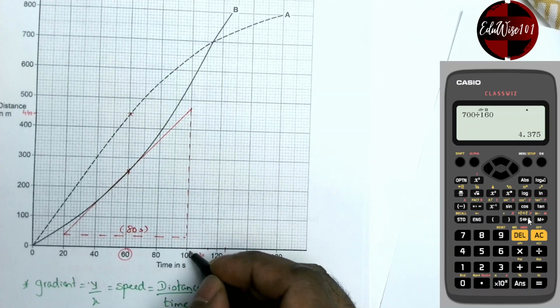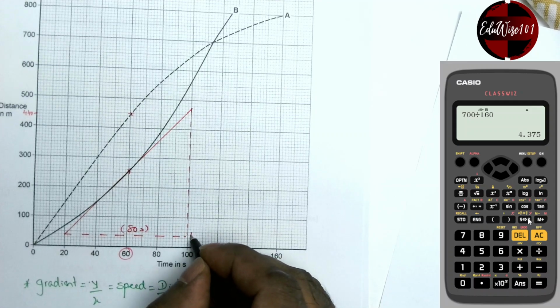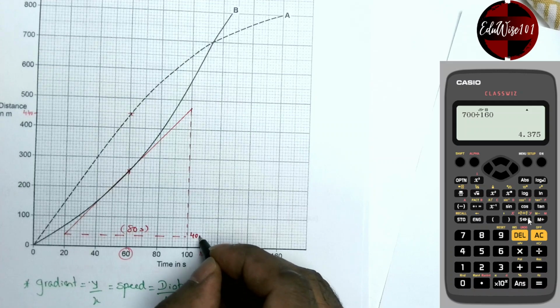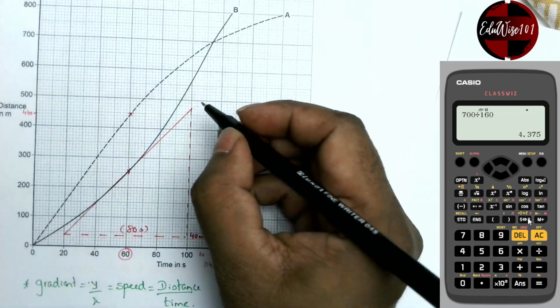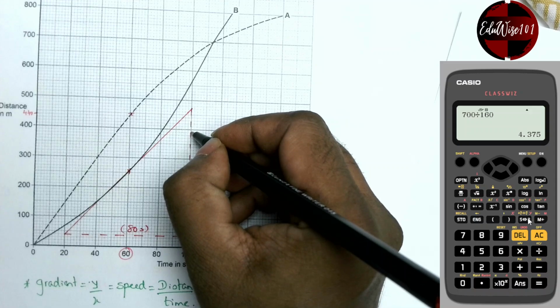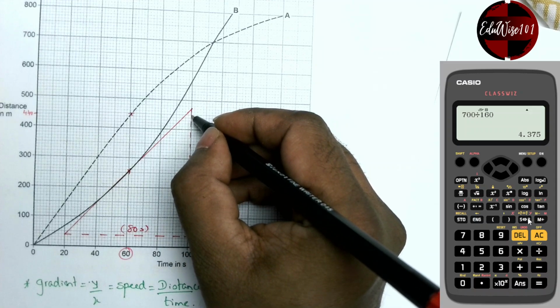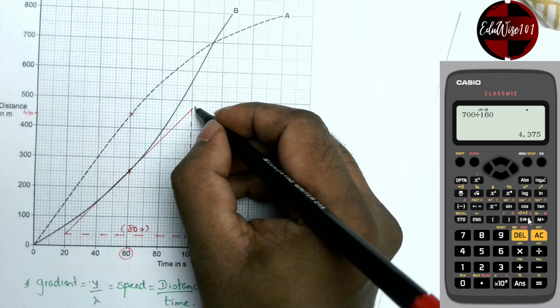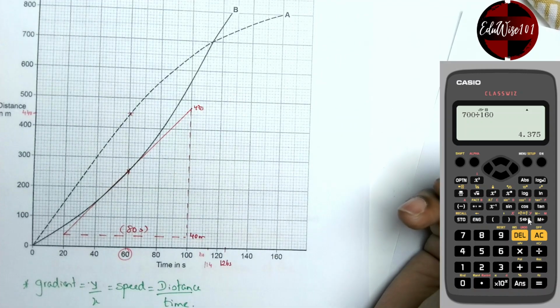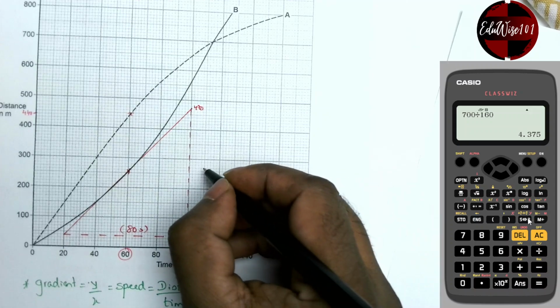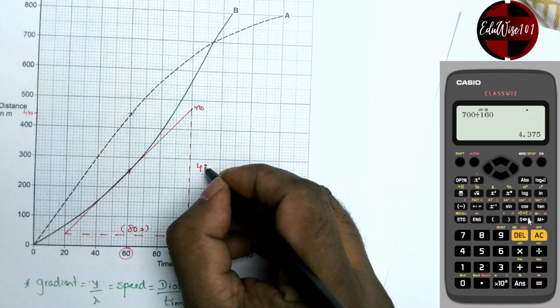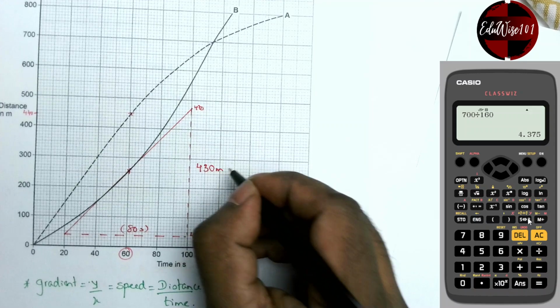So here it starts at 40 meters, and 450, 60, 70, 470. So the difference would be 430 meters.